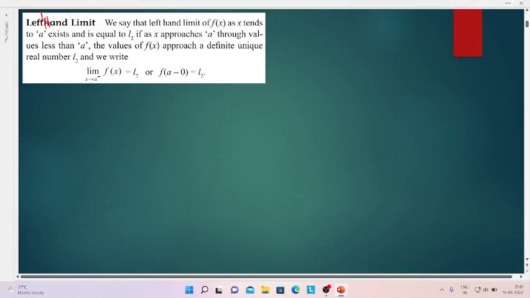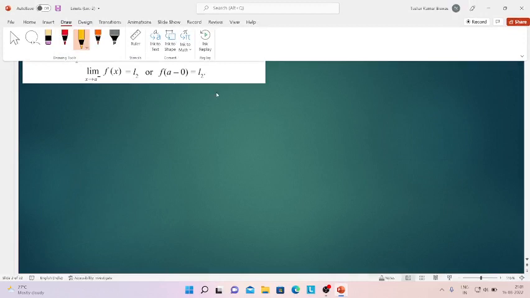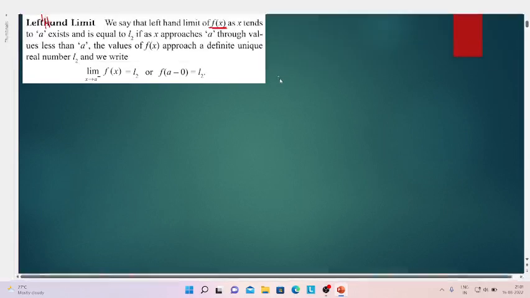We say that the left hand limit of f(x), the given function, as x tends to a exists and is equal to L2. We have already discussed what the right hand limit is.